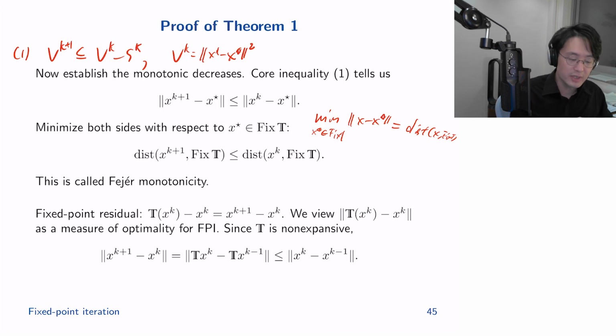And since the operator T is non-expansive, xk plus 1 minus xk is equal to T xk minus T xk minus 1, since xk plus 1 is T xk and xk is T xk minus 1. We apply non-expansiveness, so the subsequent fixed point residual is less than or equal to the previous fixed point residual.